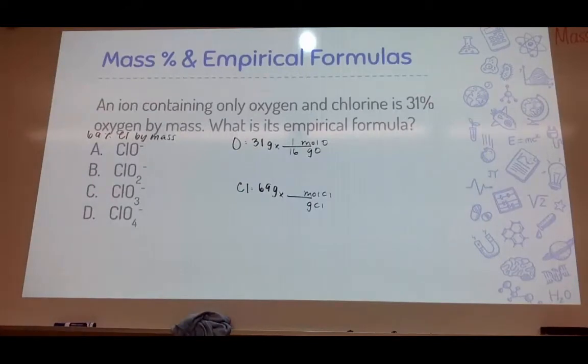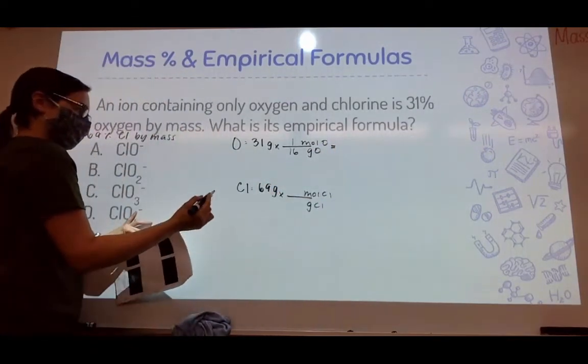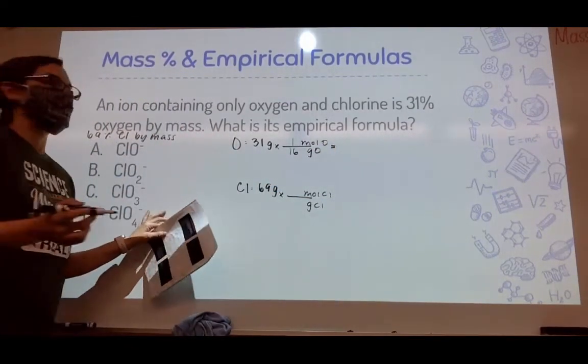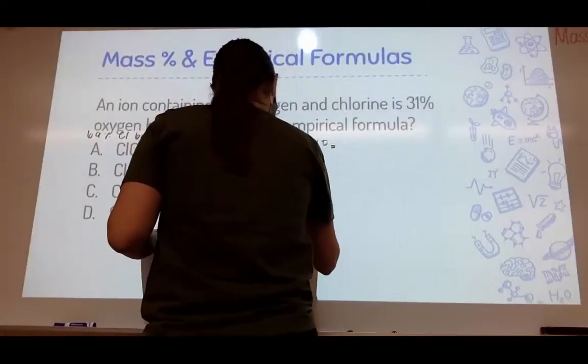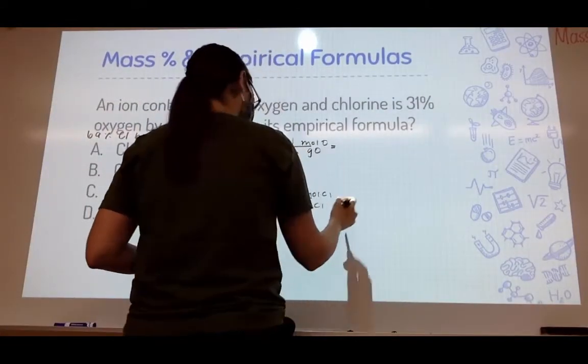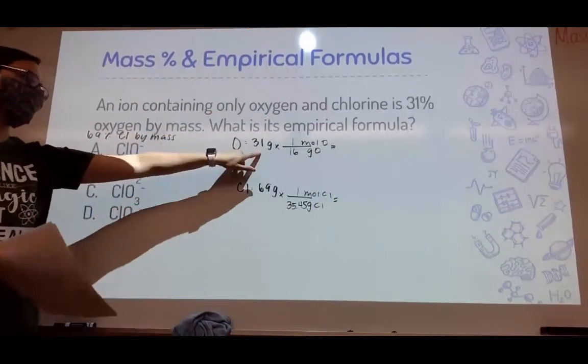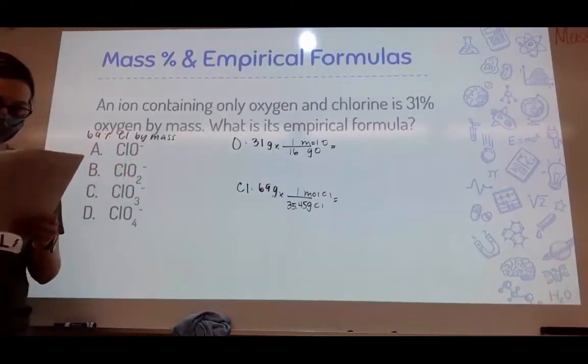There's one oxygen there. So it's 16. And then chlorine, 35.45. Again, it's just elemental, not diatomic. So percent to grams, grams to moles.